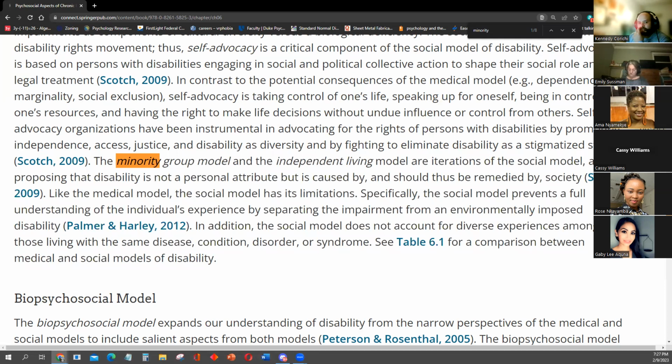When it comes to the minority group model, because I just finished taking a class last semester in multicultural counseling, I think what they're referring to is how different cultures approach what a disability is. And the independent living model is tailored more towards a person being self-sufficient, so to speak.